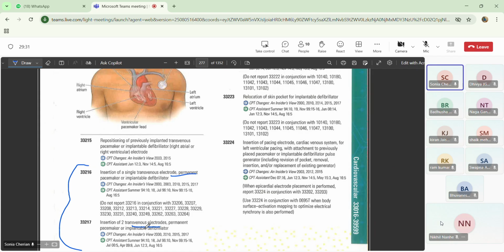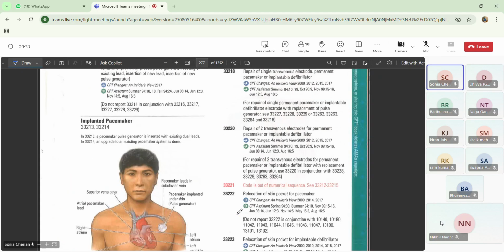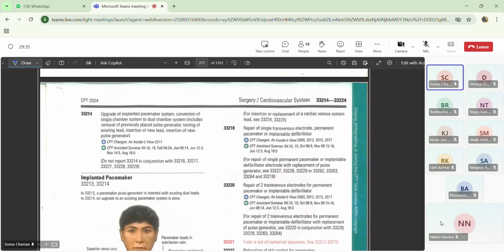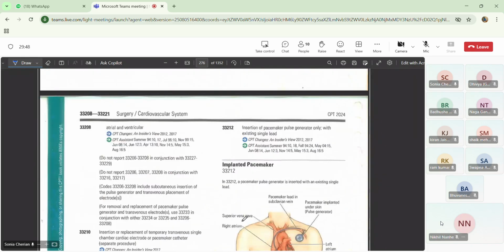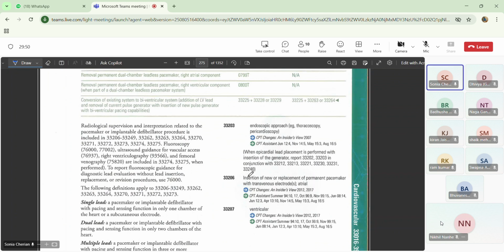These are the CPTs for placing the electrodes. We can see CPTs for placing the whole device system. We have 33206. Mostly you'll see this kind of CPT: insertion of new or replacement of permanent pacemaker with electrodes for atrial. You can see it here.